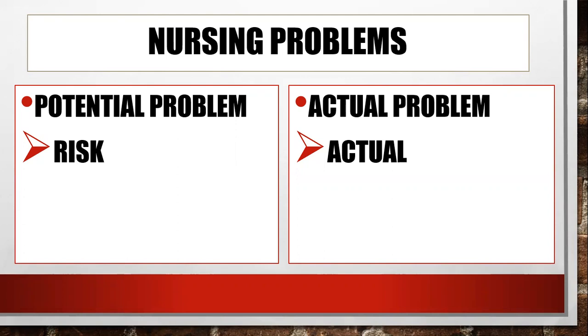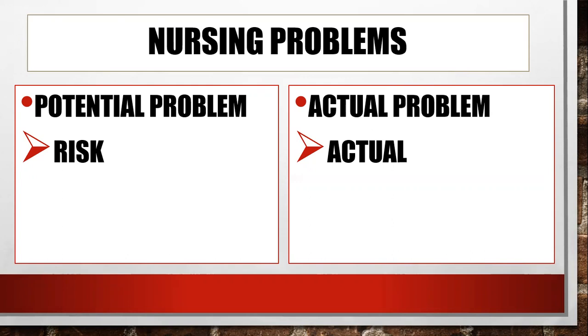Now, a potential problem is a risk. It has not yet occurred. And an actual problem is a problem that has occurred and someone is able to see it. For example, under the potential problem, I indicated that this is a risk. I'll give this example.